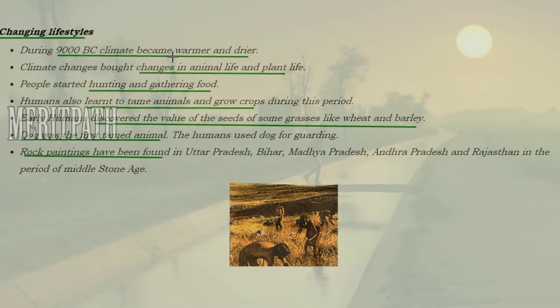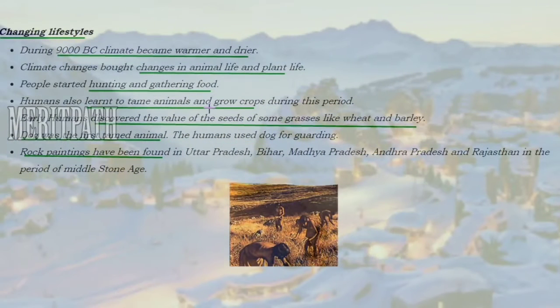How did the lifestyle change during the Mesolithic Age? The climate became warmer and drier. This climate change brought changes in animal life as well as plant life. People started hunting and gathering food so that they could preserve it for future use. They learned to tame animals and grow crops. So agriculture also started.